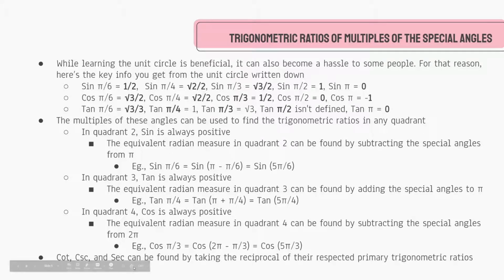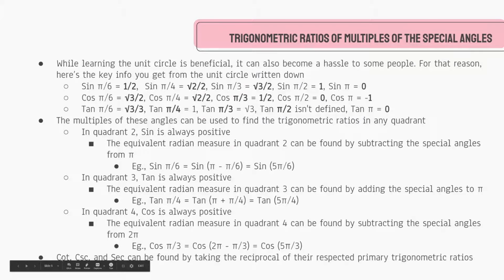Lastly, the inverse of all of the primary functions are also extremely useful, and you'll be asked to determine them as well. The reality of it, though, is you just need to take the reciprocal of the respective primary trigonometric ratios.